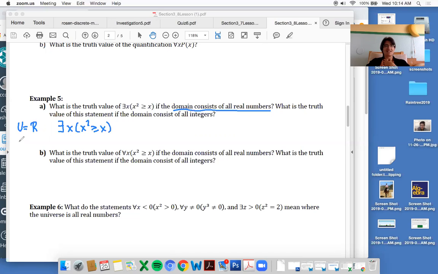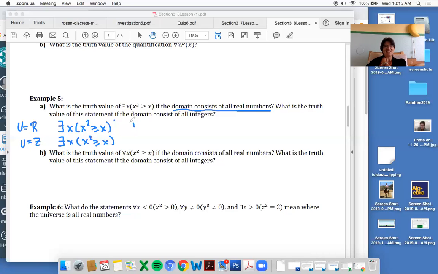And then we're going to look at the universe of integers. Same question, can I find an integer x for which x squared is bigger than x? All right, what do you think, guys? Is this true for the real numbers? Odds are good.